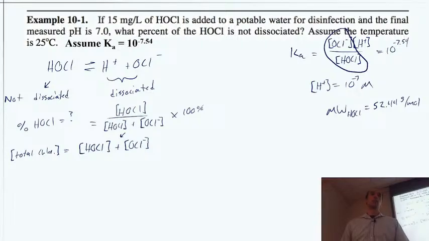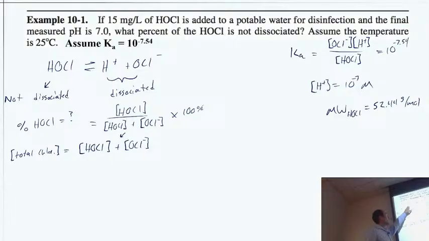Right? We know the pH, and so at a given pH, we know the ratio of OCl minus and HOCl. The question itself is asking for what percentage of the chlorine is in the HOCl form. That's kind of what I wrote up here.